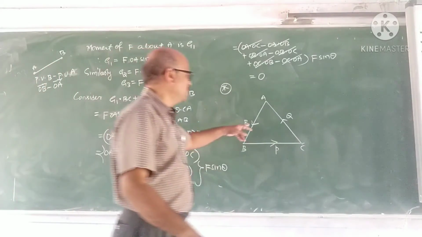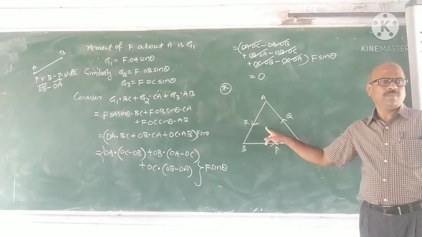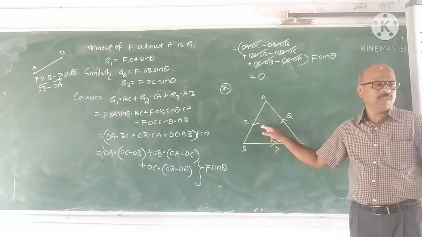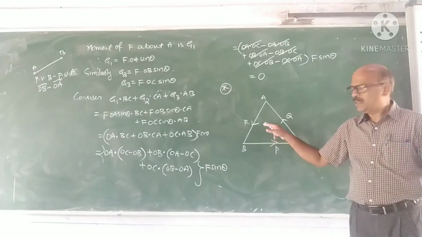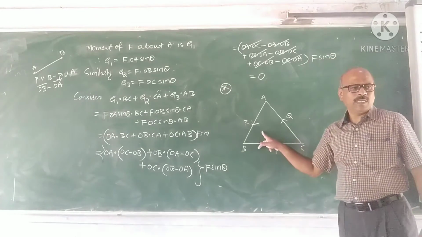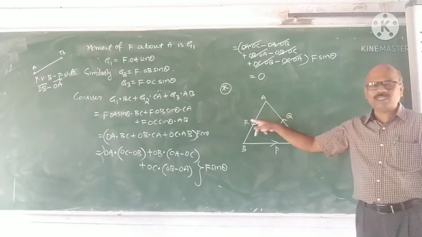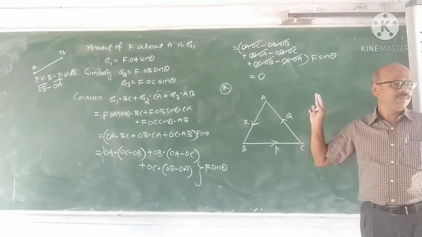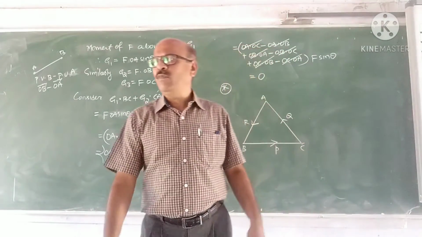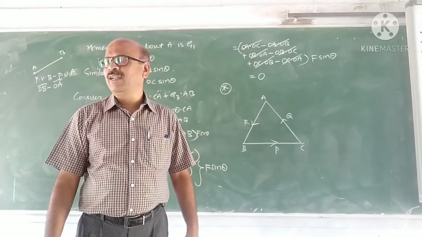I will explain the proof of this and conclude. This is a simple problem. What does the result say? If three forces acting on a rigid body are along the sides of a triangle taken in order, then they are equivalent to a couple whose moment is twice the area of the triangle.